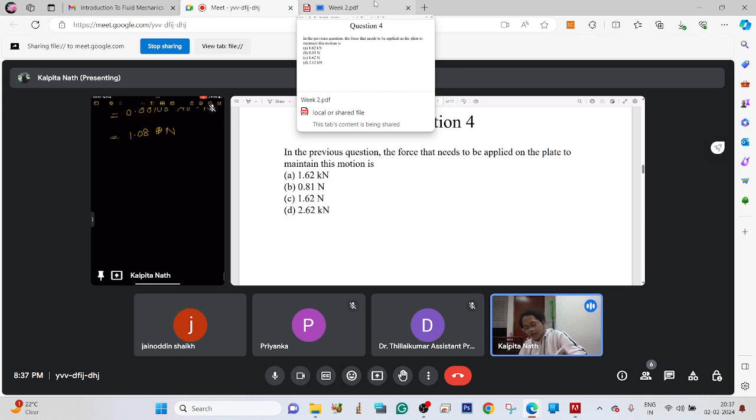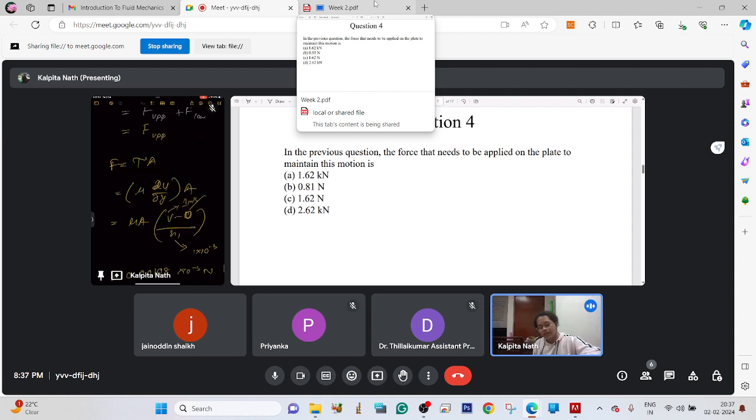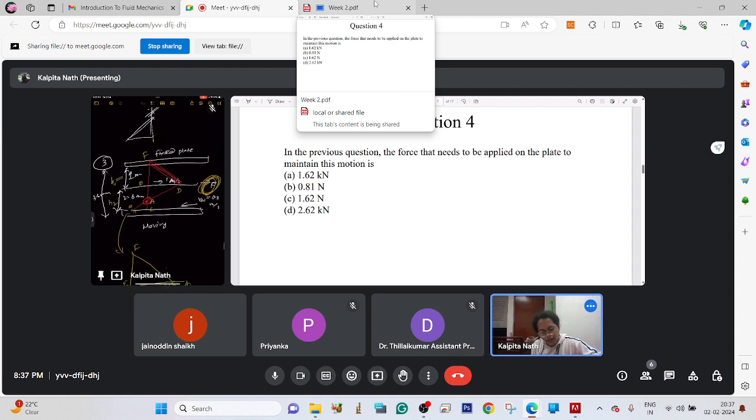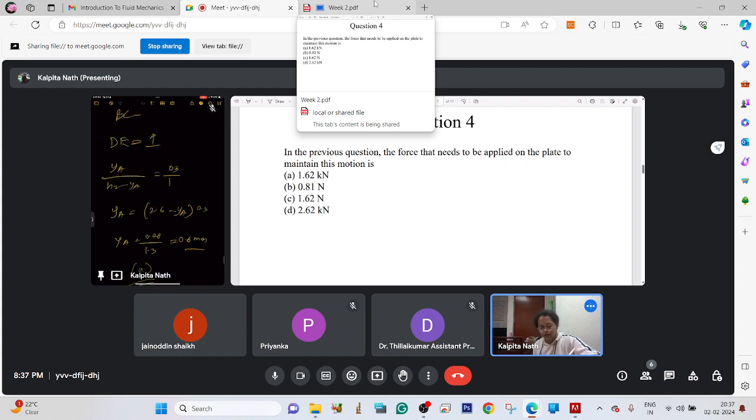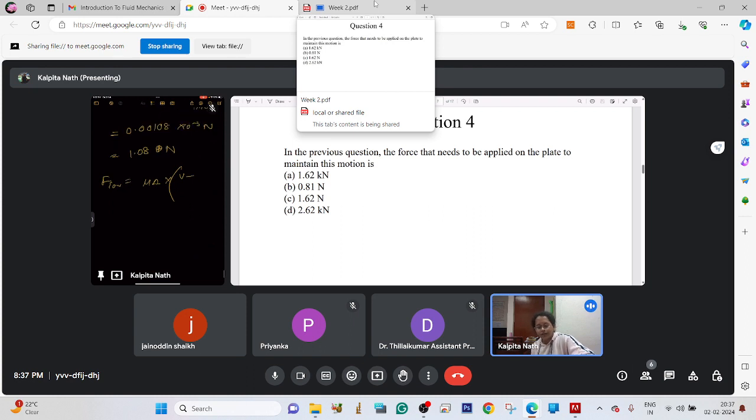For the lower plate, the force will be mu A into velocity minus the lower velocity. But the lower plate is moving in the opposite direction with a velocity of 0.3 meter per second, so we will take it as minus 0.3, and the distance between them is 2.6 mm into 10 to the power minus 3.